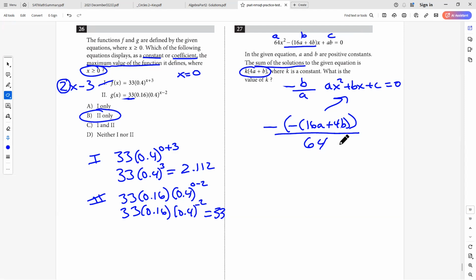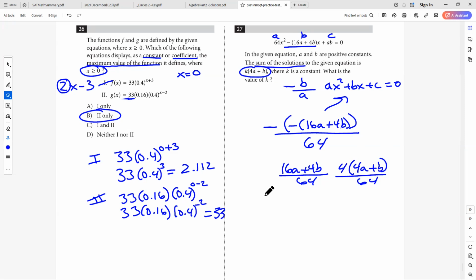And the two negatives will cancel out, giving you a positive. So we just have 16a plus 4b on top over 64. And we need 4a plus b. Notice here we can factor out a 4 on top, so it's 4 times 4a plus b.